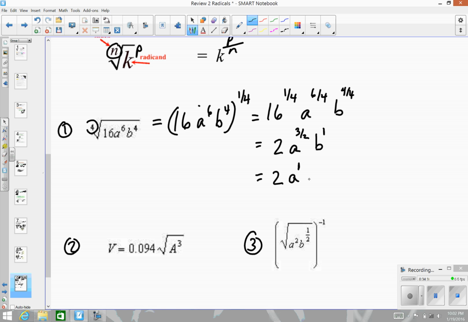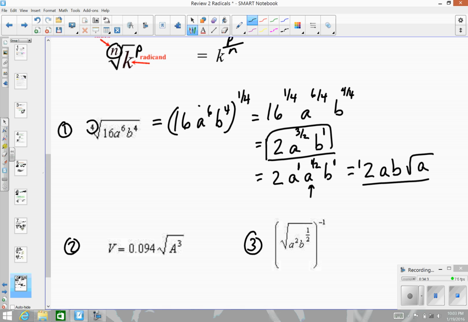I can write it as a to the 1 times a to the 1/2, b to the 1. This is really square root of a, so you might see this looking like this. 2 times a times b times the square root of a. That's a possibility, or this is a possibility for ways that you might see these.